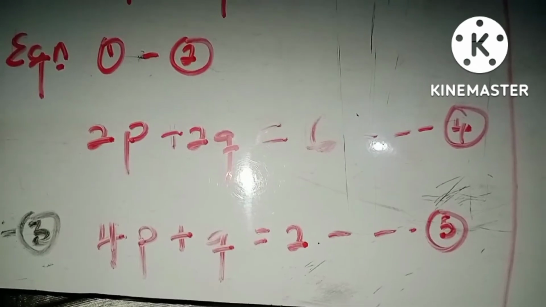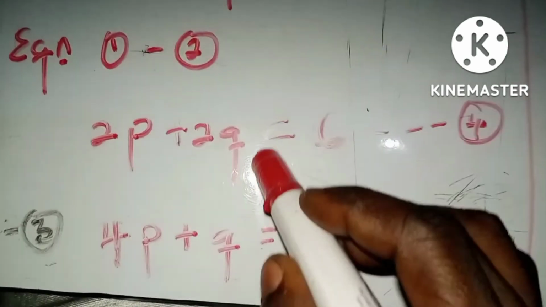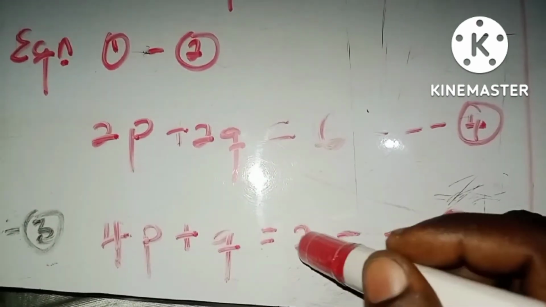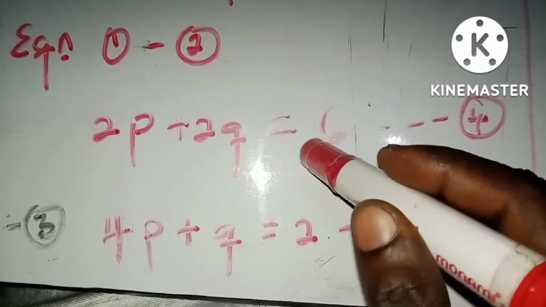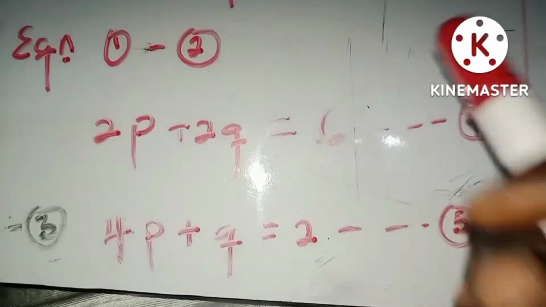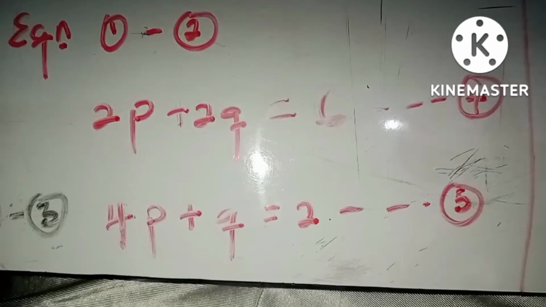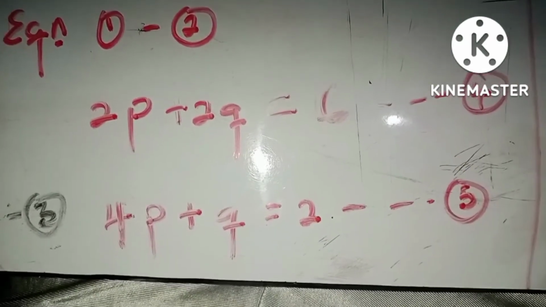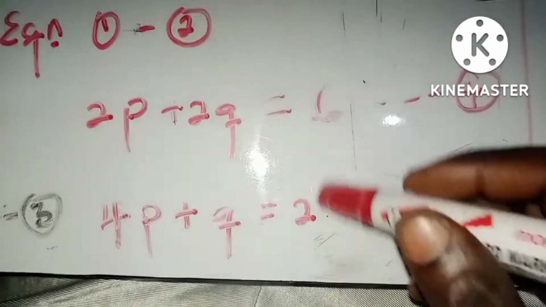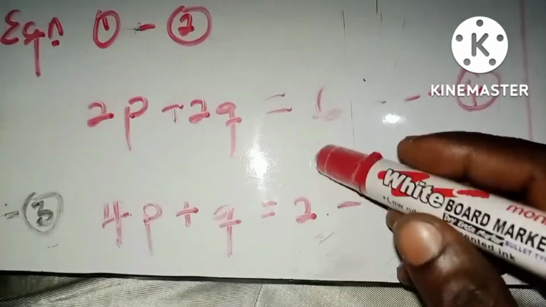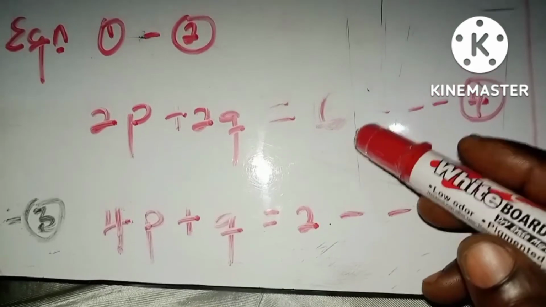Okay, now let's proceed. The idea here is that in solving this simultaneous equation, nobody cares. You are not restricted to use either elimination or maybe substitution, right? So whichever method you want to use, that is your own case once again, right? Here, what we are interested in is you solving these two equations.